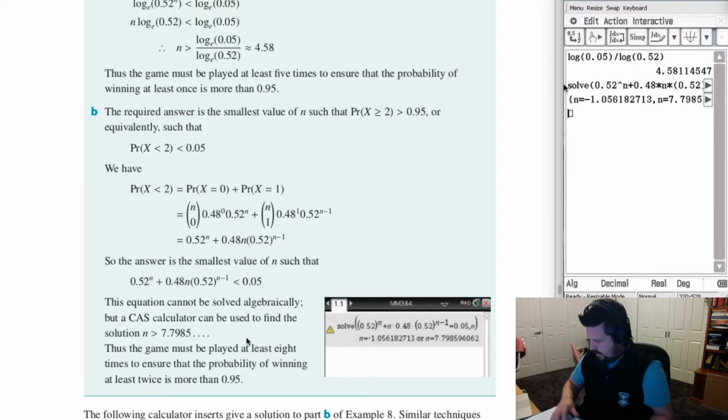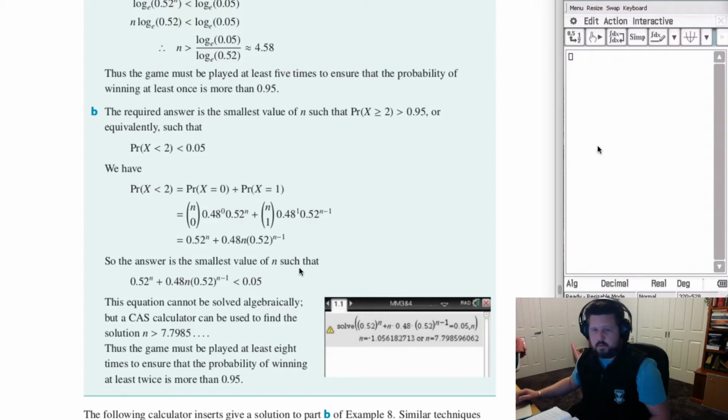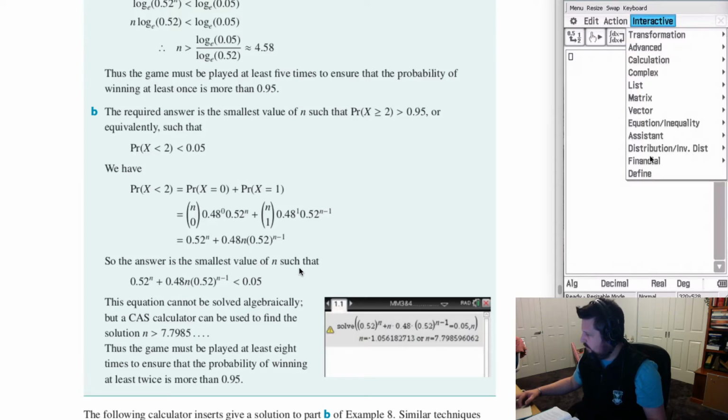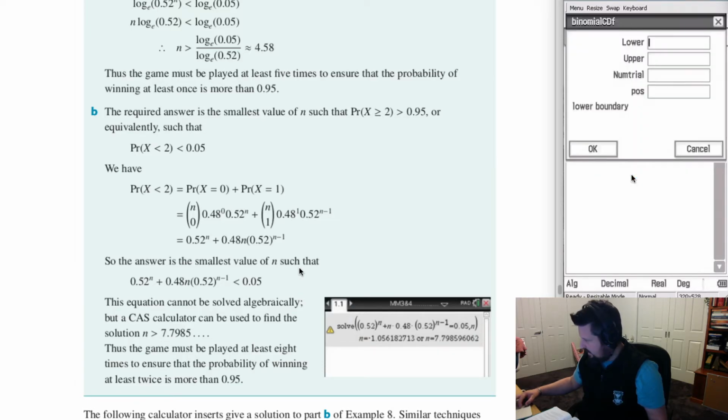Alrighty. Another cool thing that you can do is use your calculator as follows. You can use a binomial distribution function within your calculator. Like we've been doing in the past, you can go to interactive, distribution, discrete, binomial CDF.